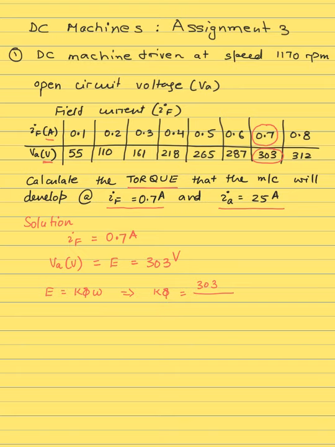This table is at 1170 RPM, but here we need the speed in radians per second, so we convert 1170 RPM to radians per second. That's why we divide by 9.55 as a constant, which comes from 60 divided by 2 pi.